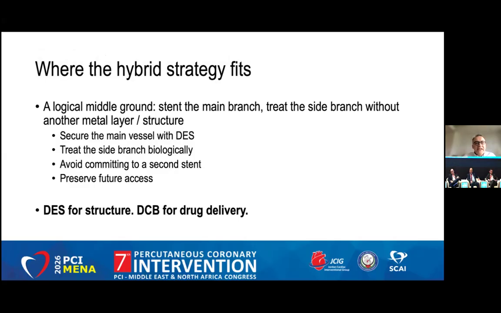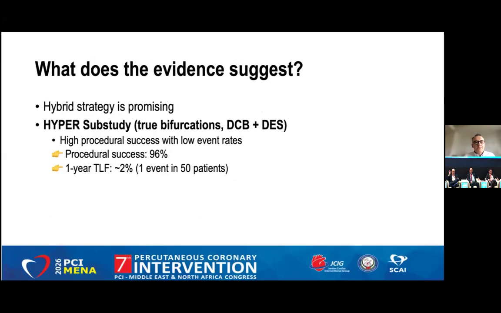So we can secure the main branch with DES, but treat the side branch biologically. In that case, we avoid committing to a second stent, and of course we can preserve future access. So DES is for structure, DCB for drug delivery. This is the hybrid approach, and this is very promising.